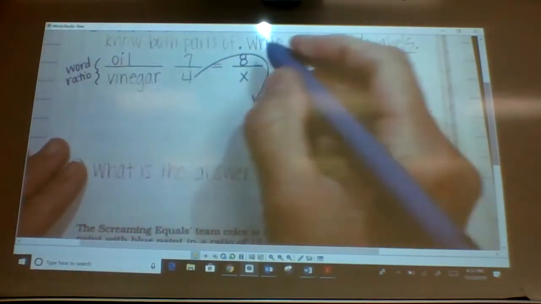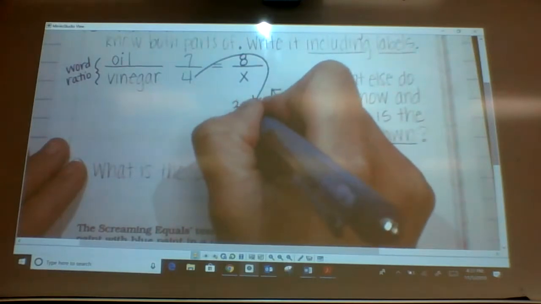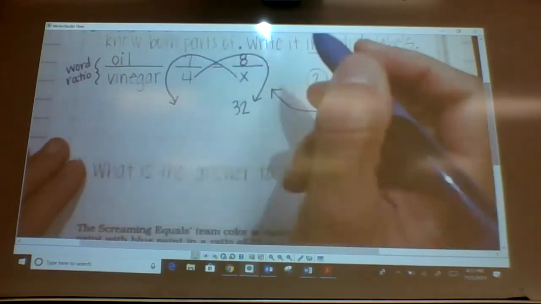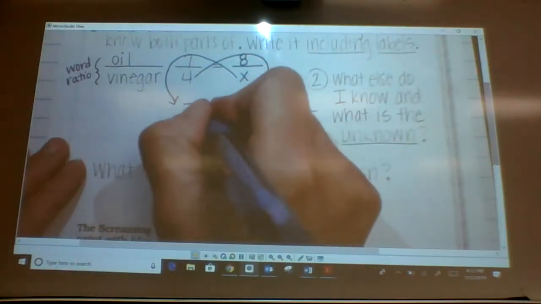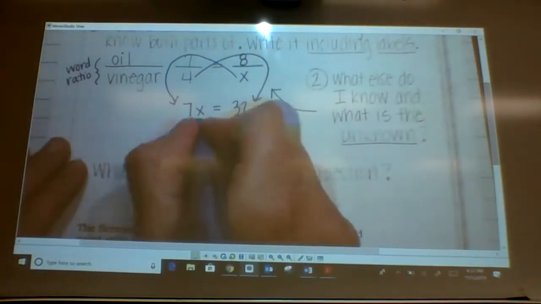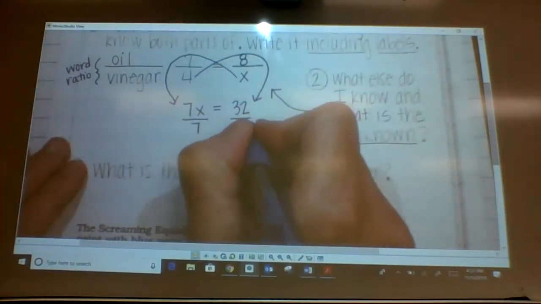multiply 4 times 8, which is 32. I'm going to multiply 7 times x, which gives me 7x. Bring down my equal sign. And I have found that 7 times a number is going to be 32. In order to solve for that number, I'm going to divide by 7 on both sides.